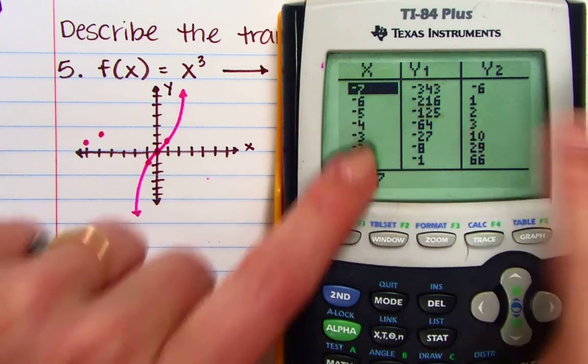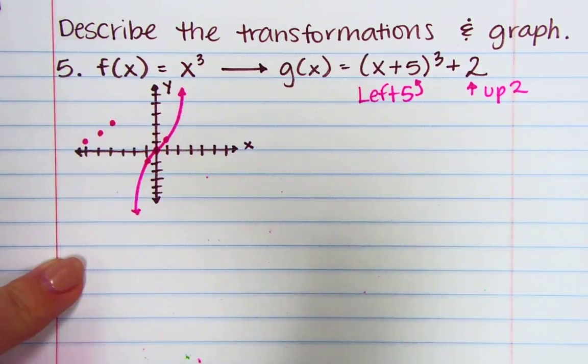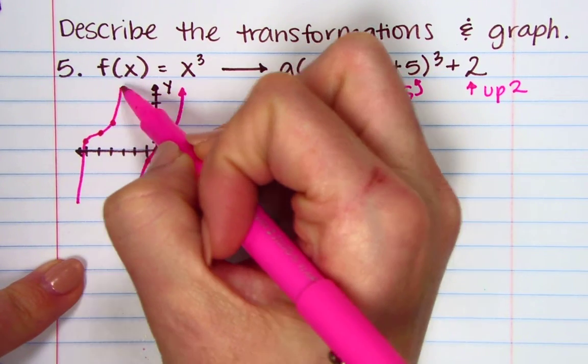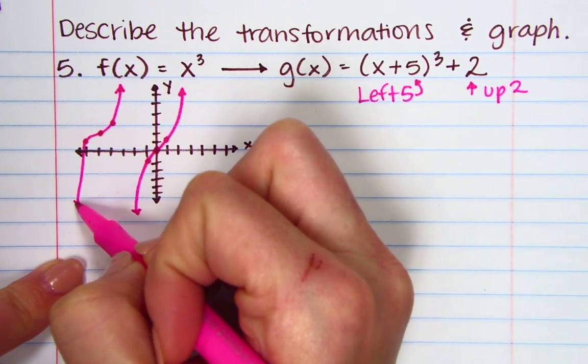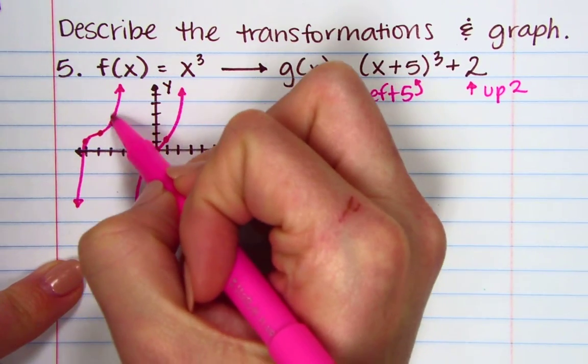And -4, 3. And kind of do the same thing. It doesn't have to look perfect. We've talked about that before, because you can still see that it's doing what it's supposed to be doing.